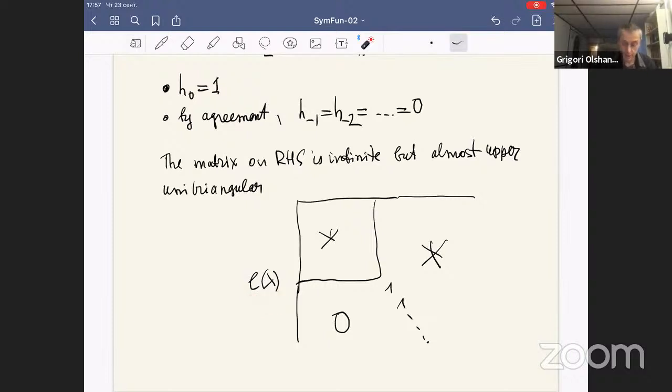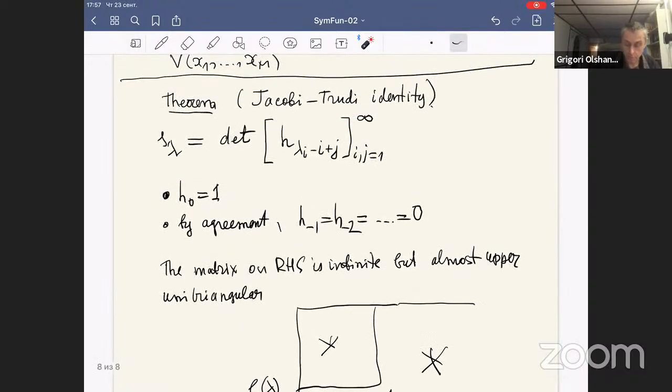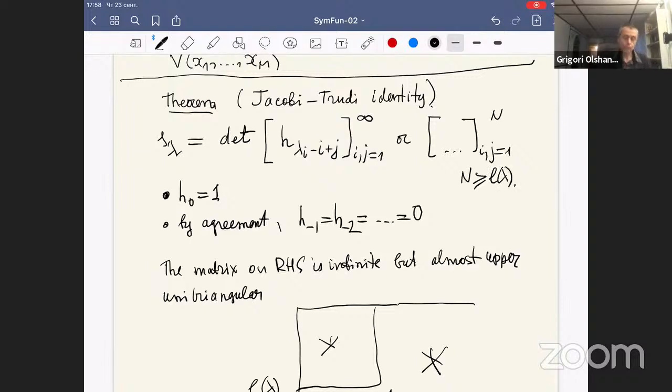So this makes sense. Or if you wish, you can write n, provided that n is greater or equal to L of lambda. Okay.